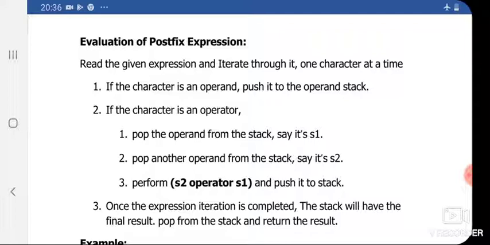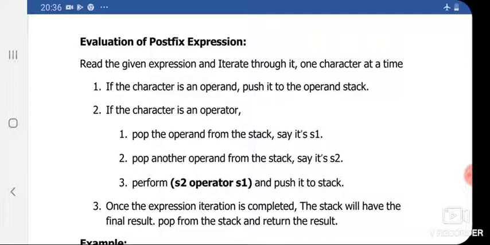In the last lecture, we have seen an application of stack for expression conversion. We have seen an algorithm for infix to postfix and an algorithm for infix to prefix.